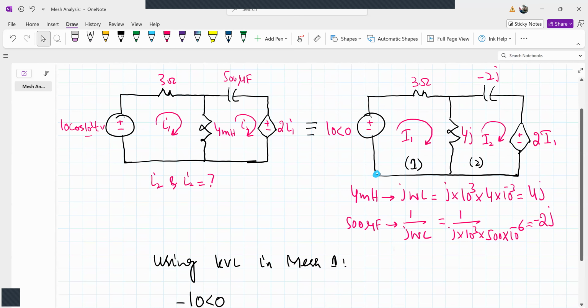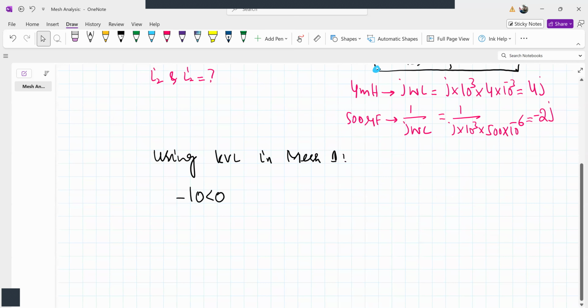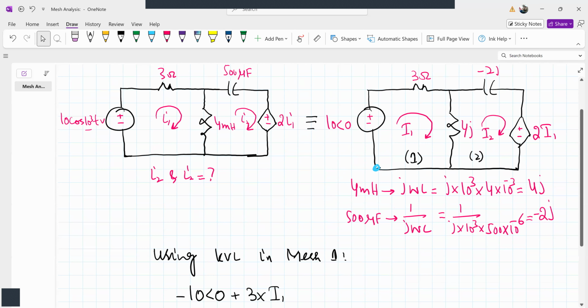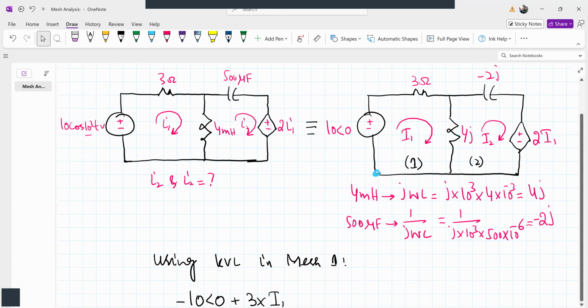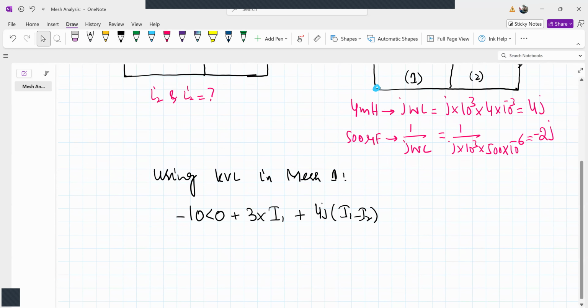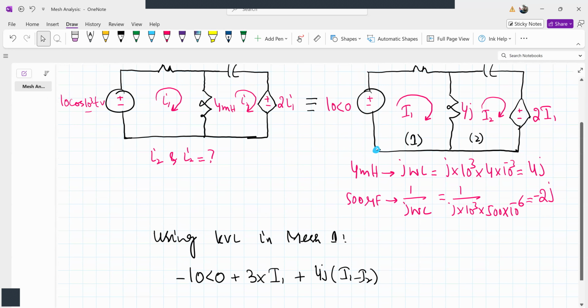Then we encounter the 3 ohm resistor, impedance 3. The current flowing through this branch is capital I1, so 3 I1. Then we encounter the inductor with impedance 4j. Again, same concept: in mesh 1 we say 4j times (I1 minus I2), where I1 minus I2 is the current flowing in the branch with 4j impedance.